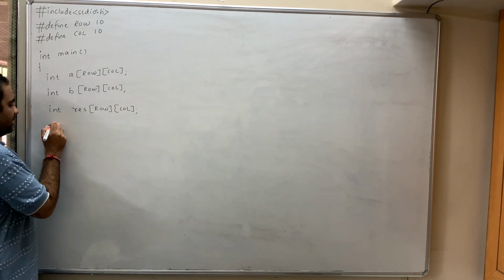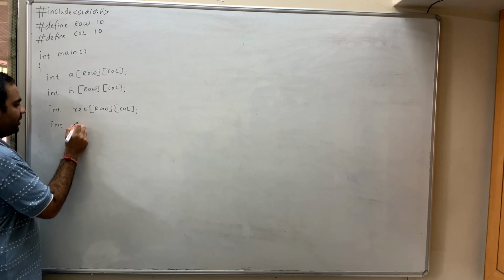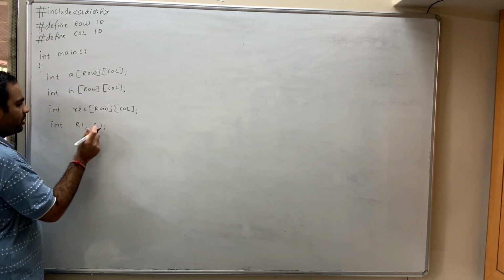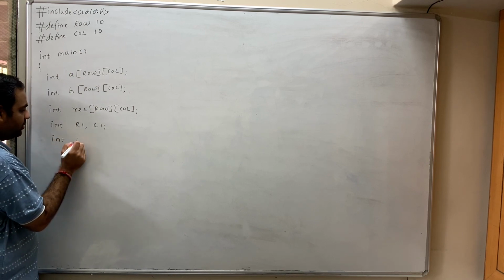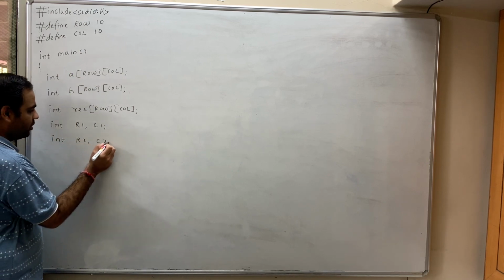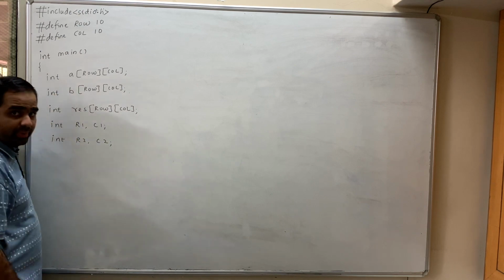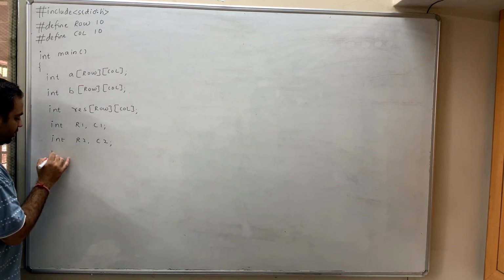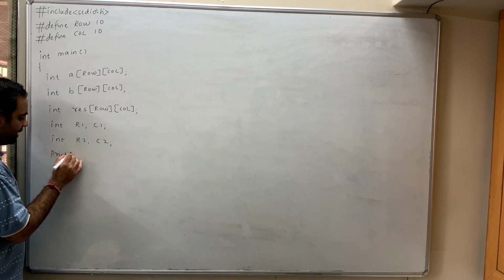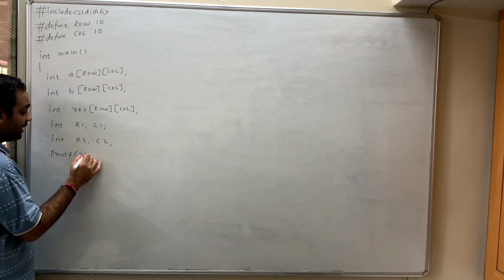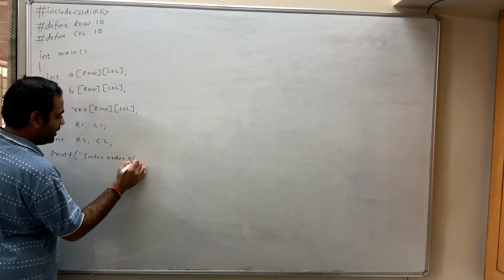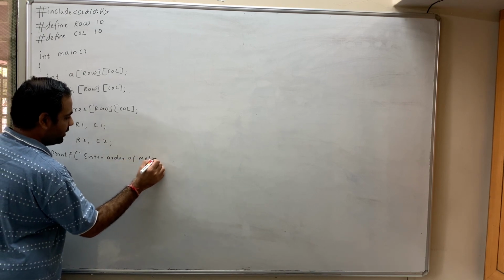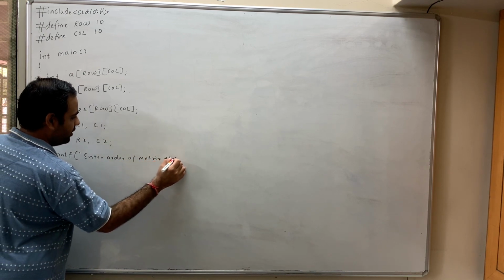Therefore let me say int result of row column. Next, let us say there are R1 number of rows and C1 number of columns for matrix A, and R2 number of rows and C2 number of columns for matrix B. Now you have to read the matrix A. I can write printf enter order of matrix A, or you can say matrix 1.